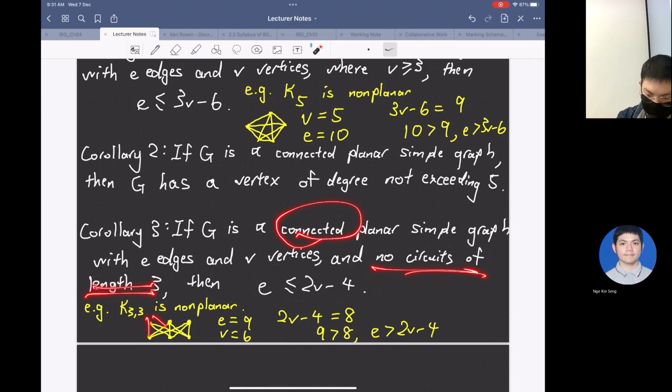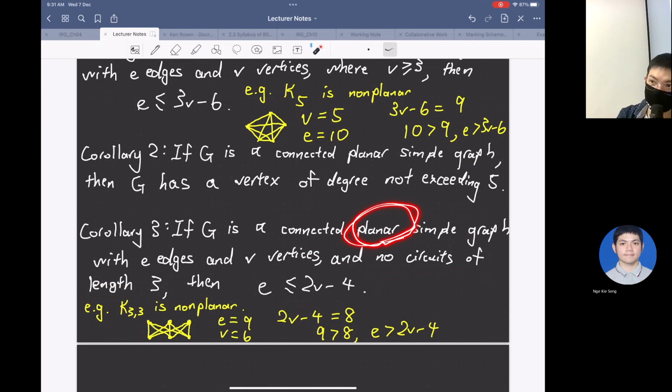It is connected, it is simple, so the only possibility is that it is non-planar, by the contrapositive of the corollary. So one thing you need to remember now is that K5 and K3,3 are not planar. This will be important later.